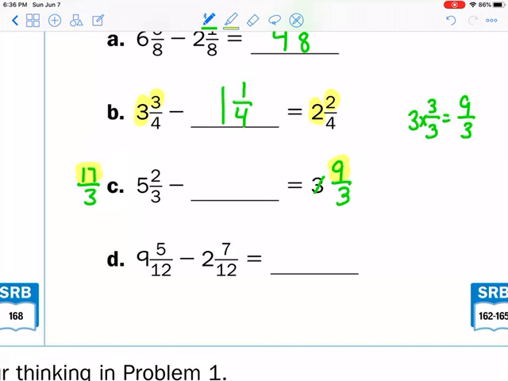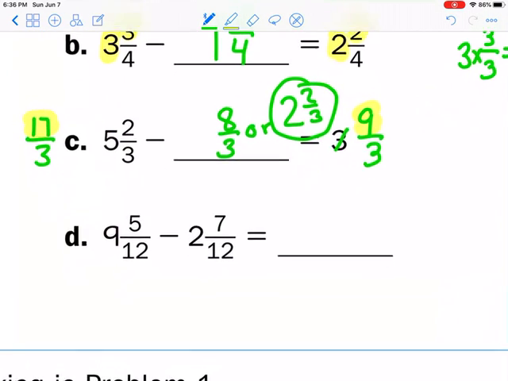So what minus 17/3 would give you 9/3? So it would be 8/3, which you also can write as 2 2/3 as your answer.